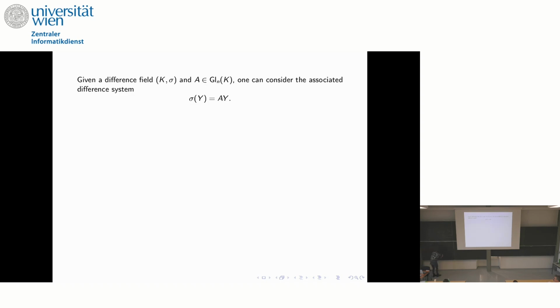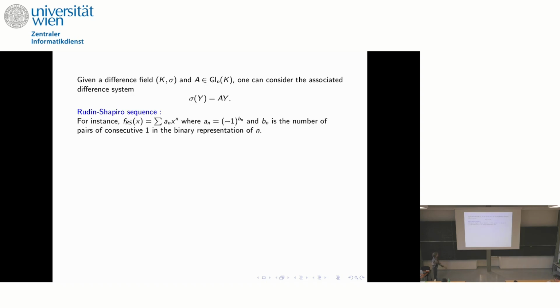Here it's the same process: you have a difference equation, and then you can form the associated companion matrix, and you find a difference system. And under a mild assumption on the difference field K, you can prove that any difference system is gauge equivalent, I will not be more precise, to the companion matrix of a difference equation.